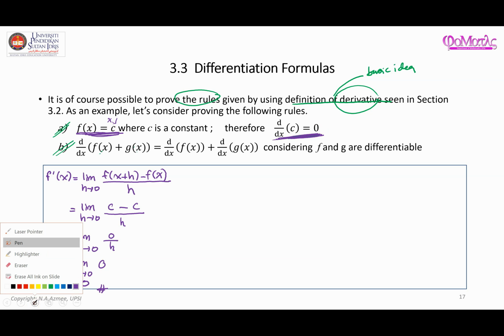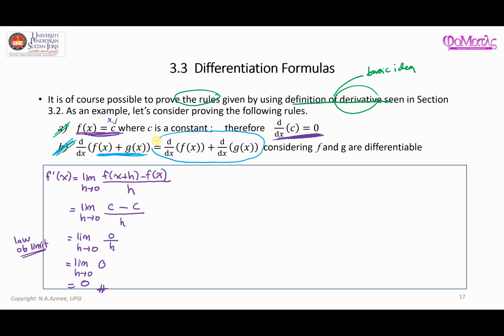Now let's move on to the next part, which is to prove that if you have this function and you want to find the derivative of this function, the result is going to look like this.